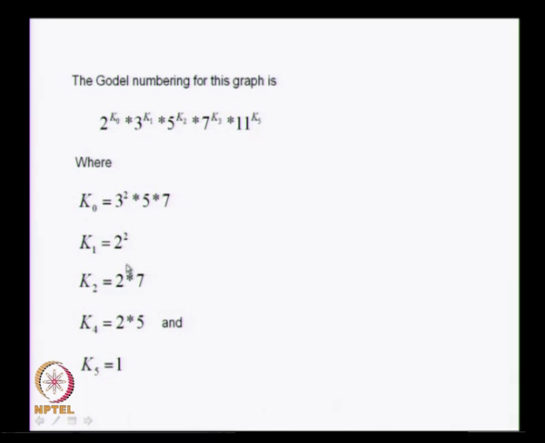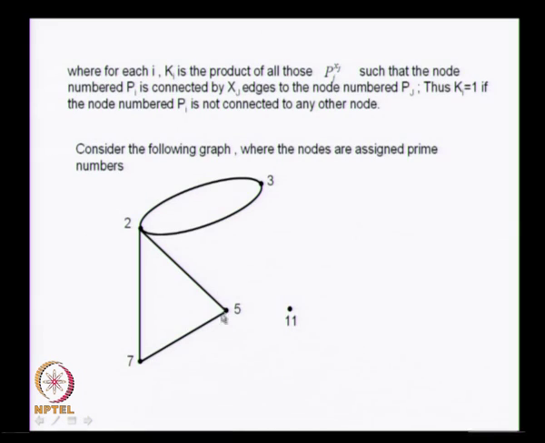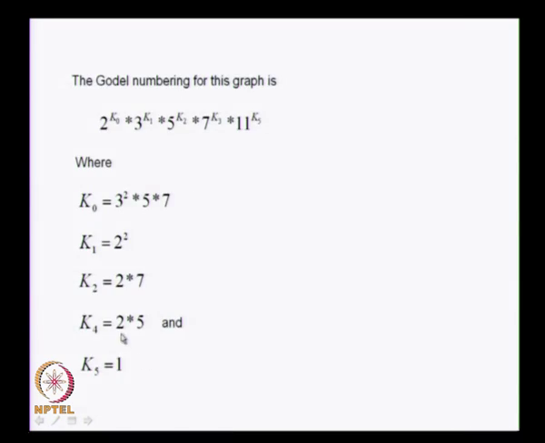So, 2 power 1 multiplied by 7 power 1. And the fourth one, 7, is connected to node number 2 and node number 5 by a single edge. So, you have 2 power 1 multiplied by 5 power 1, and that is the value of K3.